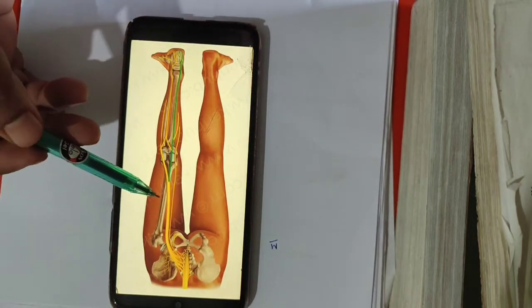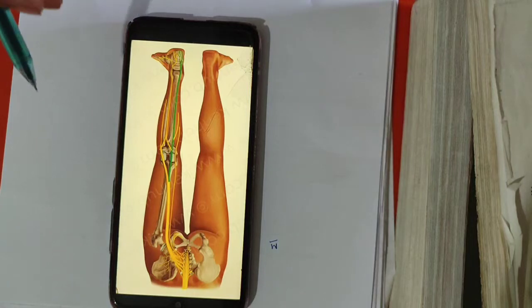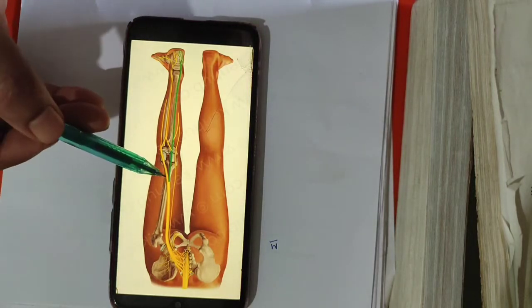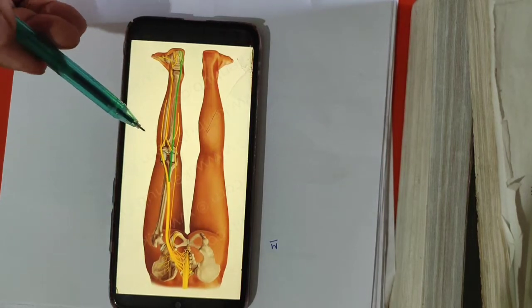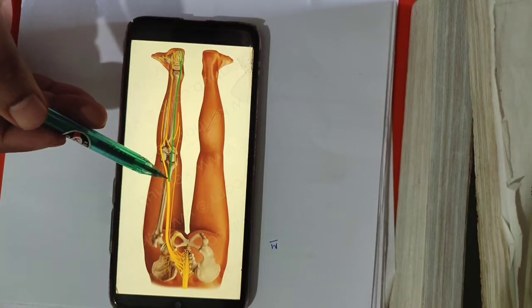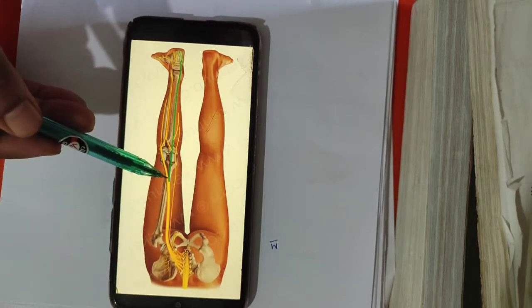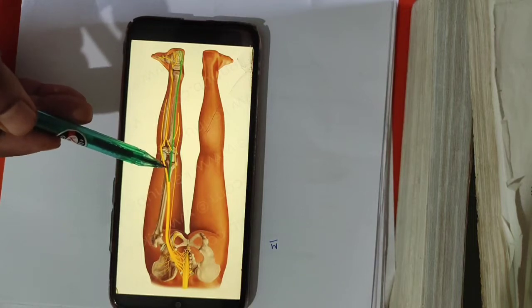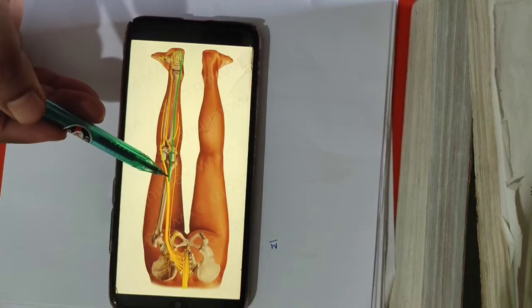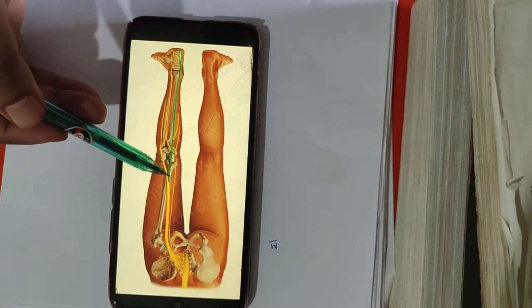Now the course of the tibial nerve, that means from origin to termination. The tibial nerve arises from the superior angle or apex of the popliteal fossa, the lower third of the thigh, and it is the larger terminal branch of the sciatic nerve.